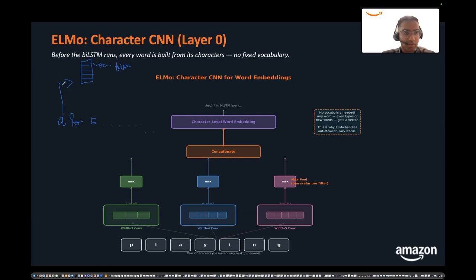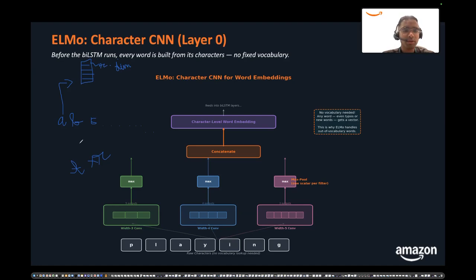Now, for each character, I have an R dimensional embedding. Suppose my word has multiple characters. Let's take, for example, t number of characters. So I would have a t cross R dimensional matrix, where each R dimensional vector represents that particular character.